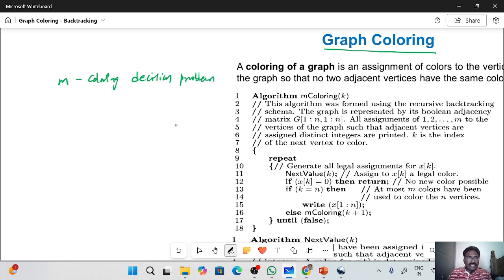The M coloring decision problem is nothing but, we have two inputs. One is the graph, and the second one is the number of colors.